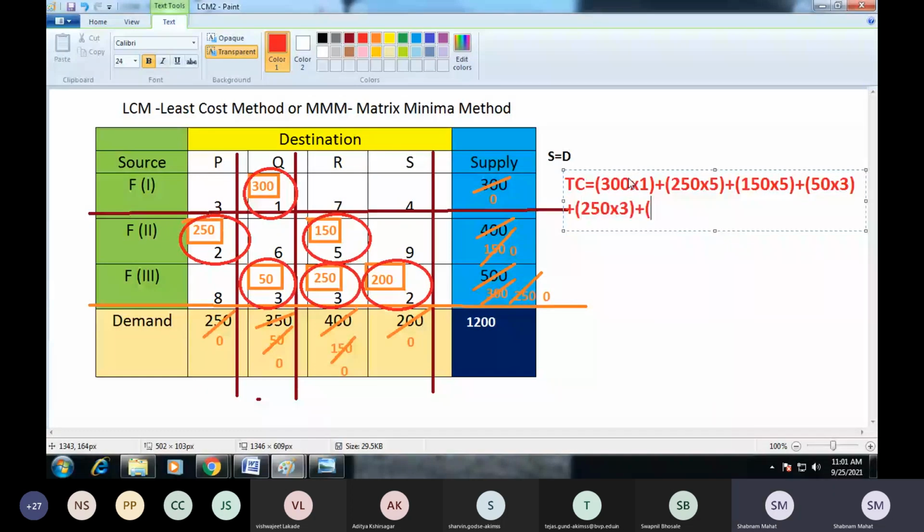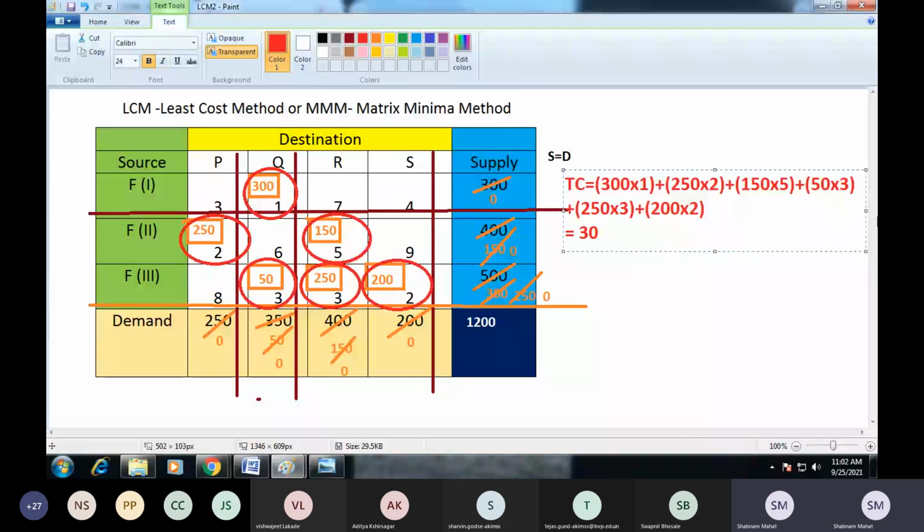First of all, check whether we considered all cells or not. 300 into 1, 250 into 2, 150 into 5, 50 into 3, 250 into 3, and 200 into 2. Now find out the multiplication of all brackets.